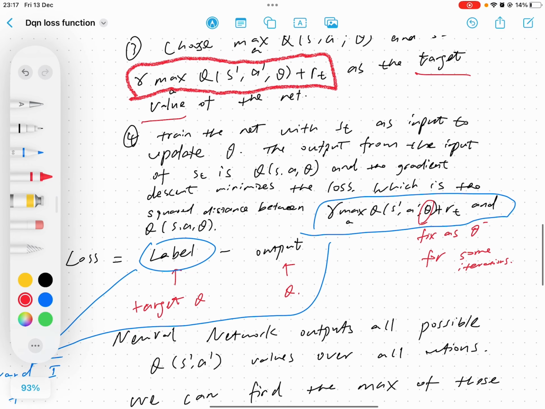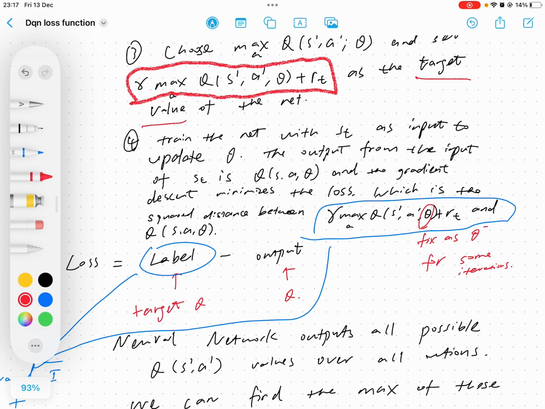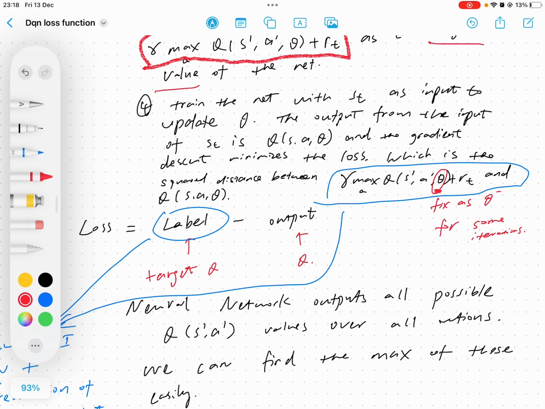That'll be just the squared distance. So the loss would be the squared distance between the target value that we just defined and the Q value here, with the input of ST. And here we need to note that we need to fix this theta.